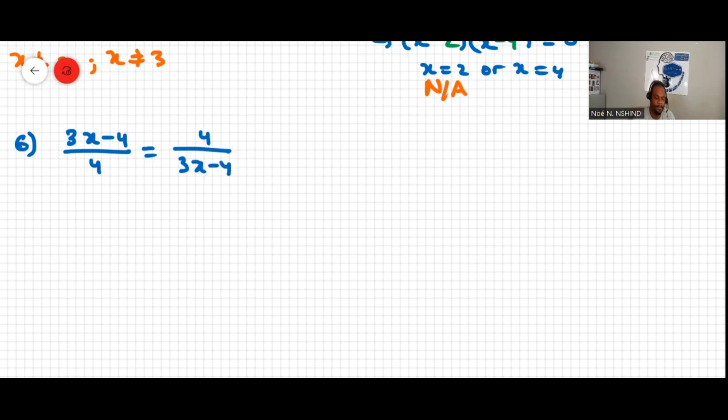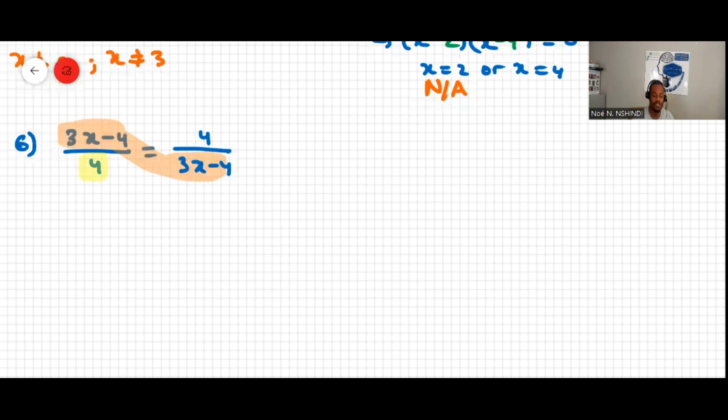Now, we can solve this the same way, but I think the quickest way would be using the cross multiplication property, because we have one term on the left and one term on the right hand side of the equation.